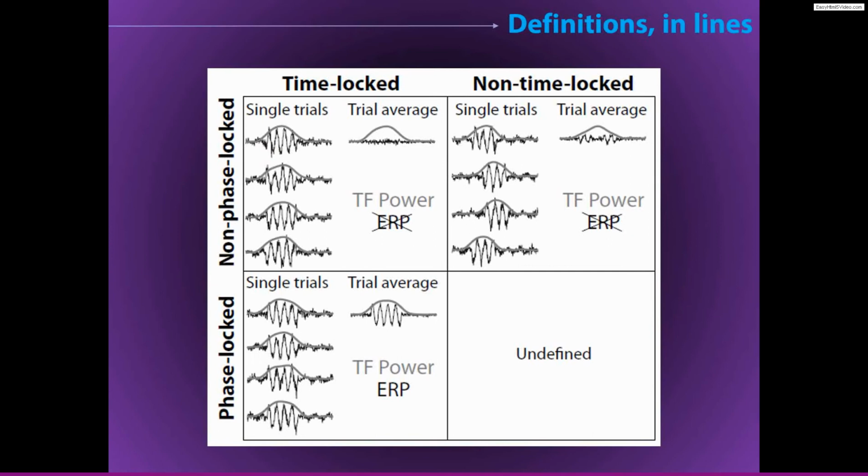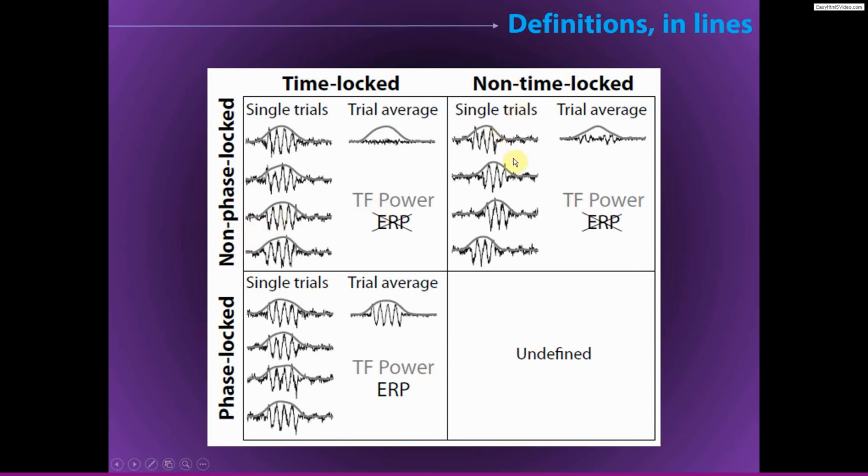That means that the exact timing of the ongoing rhythmic activity is not really changing in its phase characteristics according to stimulus onset. So when activity is non-phase-locked, you can measure it with time frequency power, but not with the ERP. The ERP is invisible to anything that is non-phase-locked.